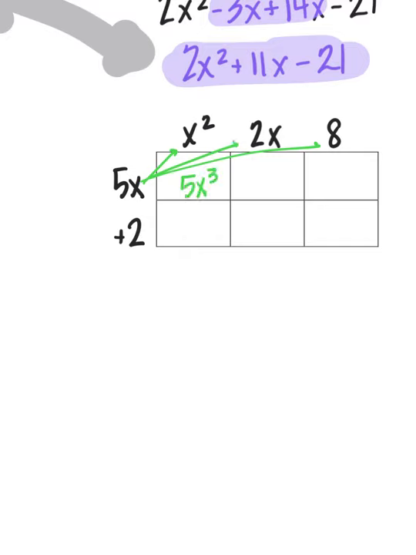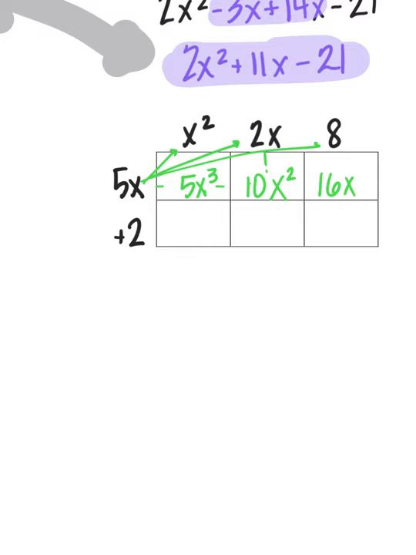Now 5x times 2x, and I'm going to put it in that box where it meets together here, and that gives me 10x squared. And 5x times 8 is 40x.